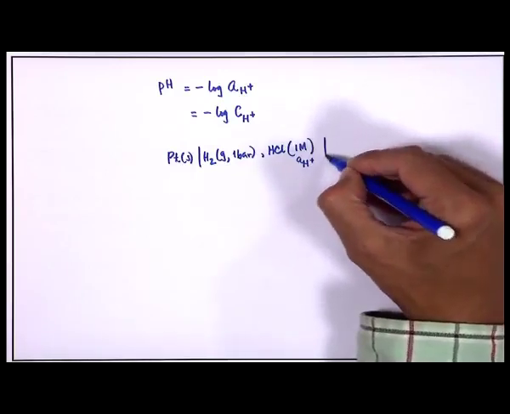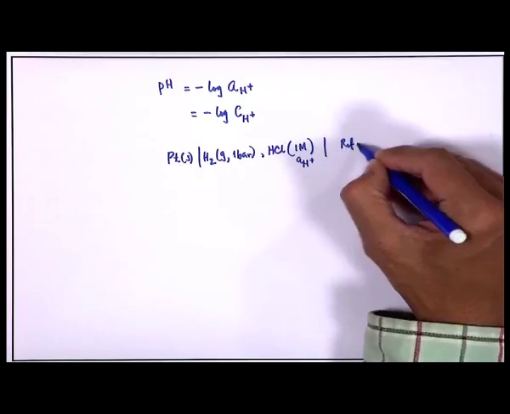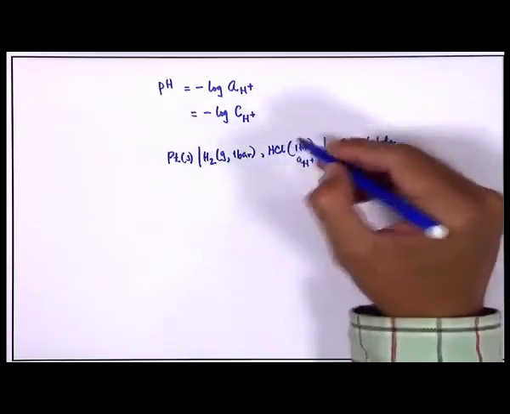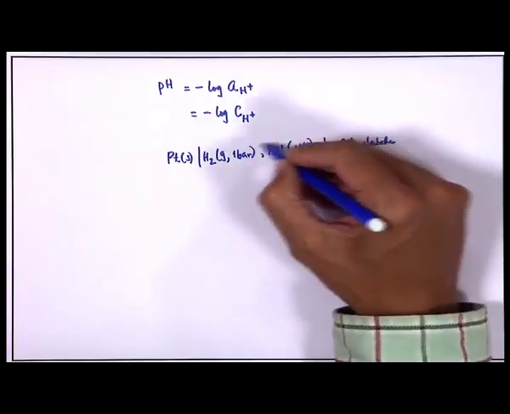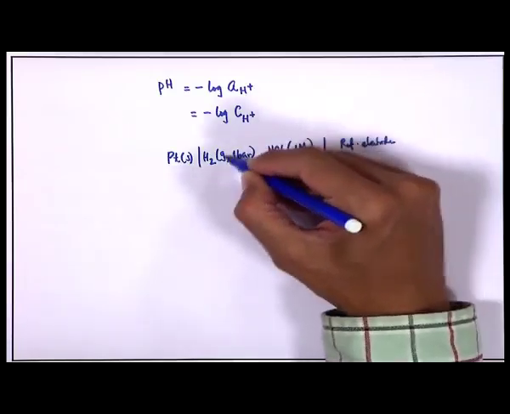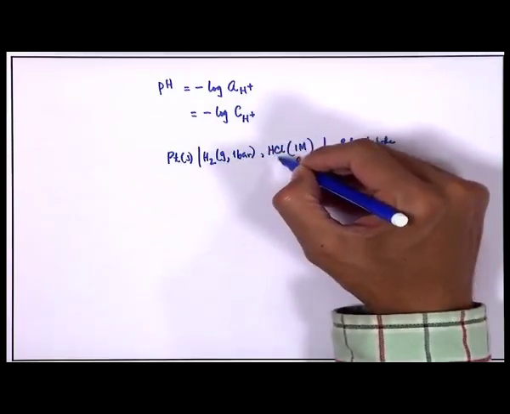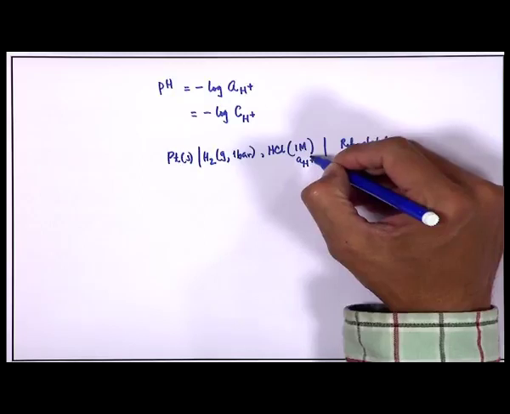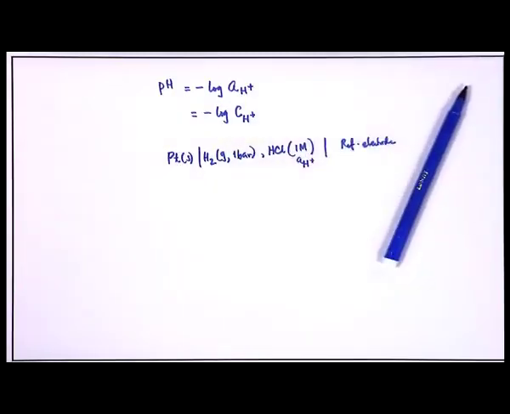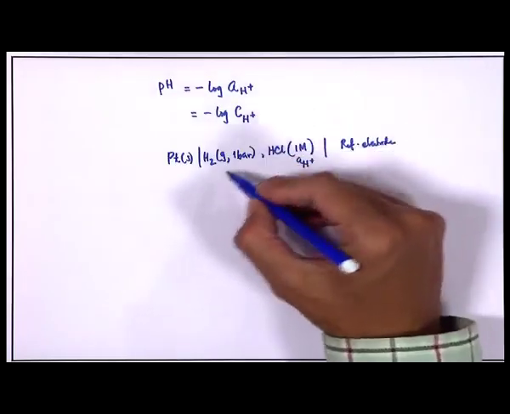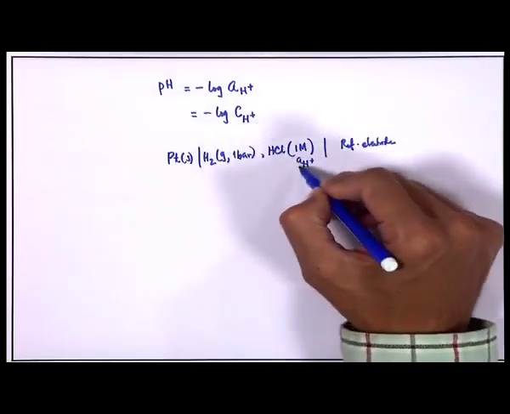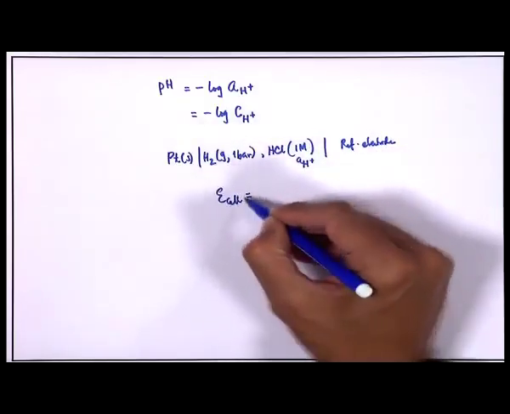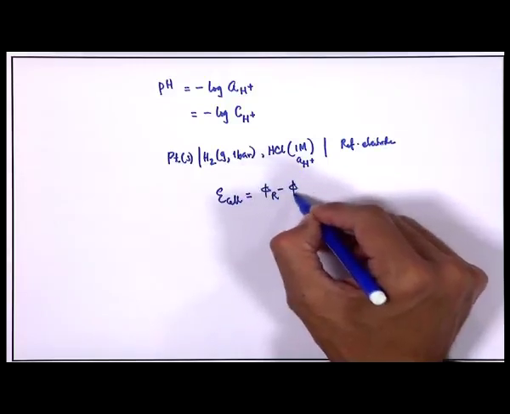Then the reference electrode. Okay. So, that means you can find out the pH of this particular solution. Even if there is no HCl, suppose you have an unknown solution and you still want to find out the H plus concentration, then you need to form a hydrogen, H plus reversible electrode there. Okay. So, therefore, E cell will be equal to phi right minus phi left.